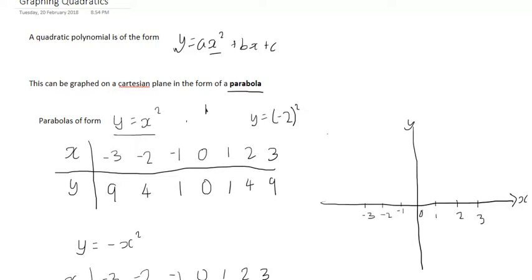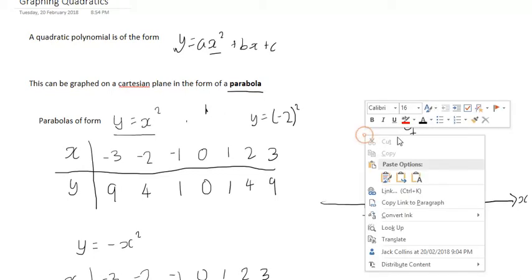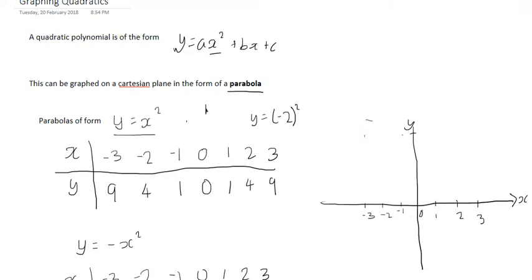If we plot that on the graph, when x is equal to -3, y is equal to 9. When x is equal to -2, y has dropped down to about 4.